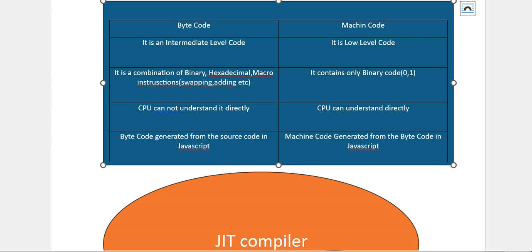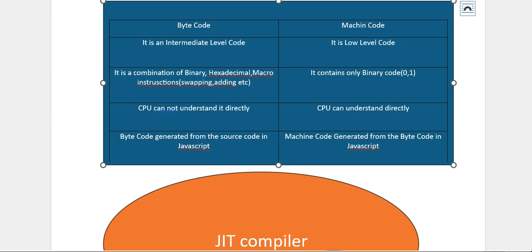We used the terms bytecode and machine code, and some of you might be confused about what bytecode is, what machine code is, and there is another term as well, source code. So I thought we need to discuss bytecode and machine code.